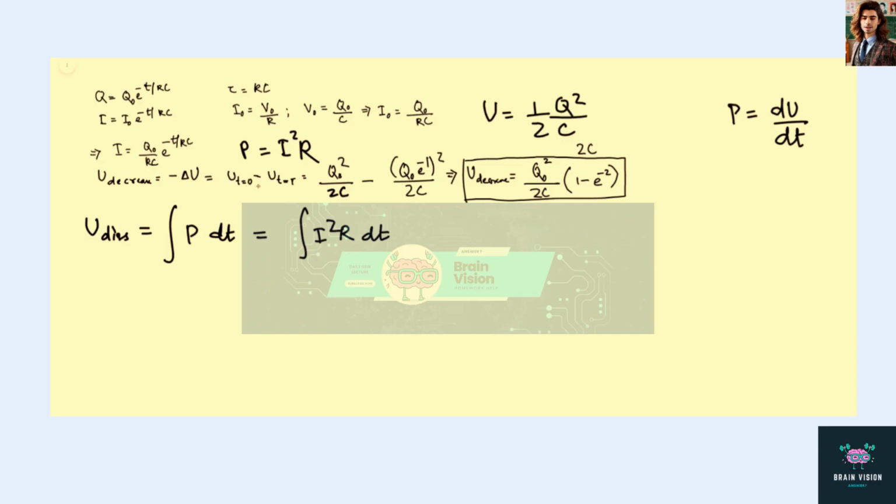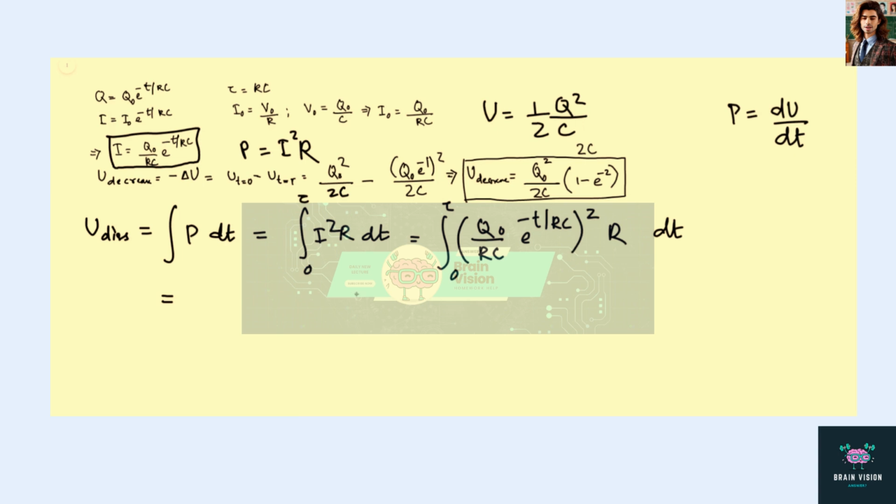Now we are going from t equals 0 to t equals tau. So those are our limits. And the general expression of I is over here, that we will be using in this integral. So that will be equal to Q naught over RC e to the power minus t over RC. So we have to take a square, and then there is resistance R and integral over dt.